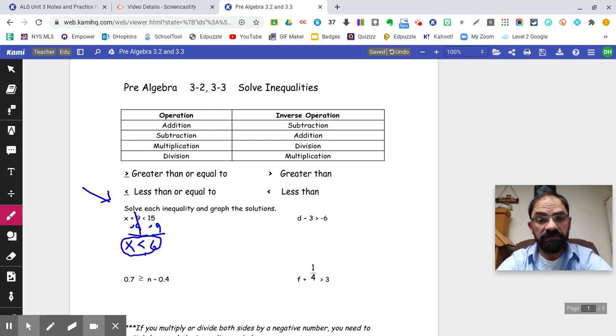And then we graph it. We all remember how to graph. We put 6 in the middle of the number line, and it's an open circle because it's not equal to. And I shade to the left. Remember, as long as the variable comes first, I can shade in the direction the sign is pointing.